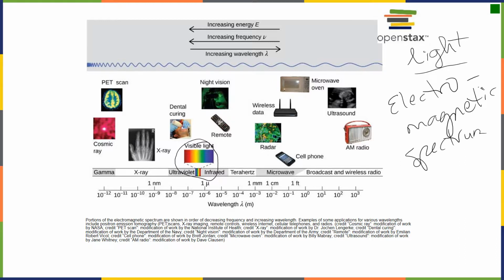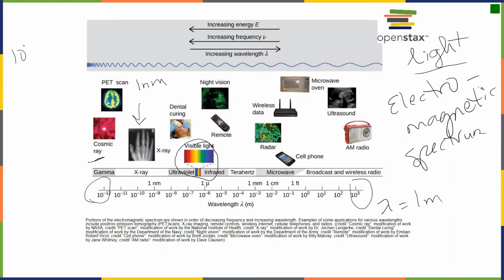It goes from as long a wavelength down here as radio, and you might have a wavelength on the order of about a meter, to as short a wavelength as gamma radiation, which are cosmic rays. And in the middle, we might have something on the order of about 1 nanometer, and that would be ultraviolet.